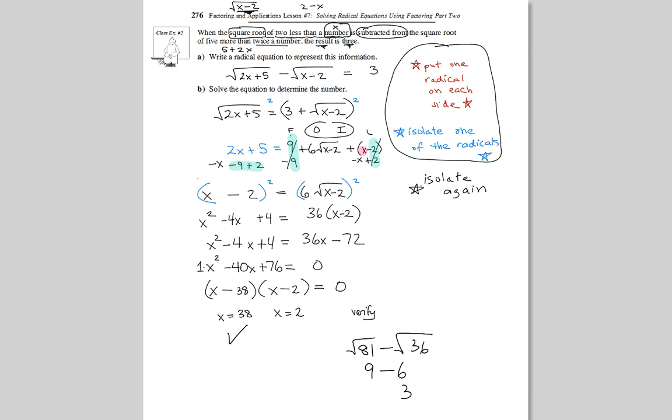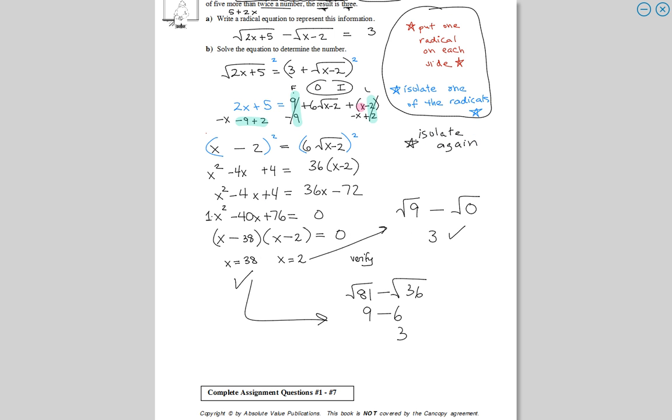Now check 2. 2 times 2 is 4 plus 5 is 9, root 9. Minus root 2 minus 2 is 0. Root 9 minus 0 is 3. Does 3 work? Boom. So what's the solution? Both.